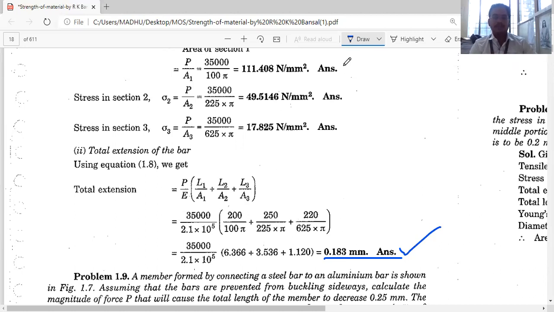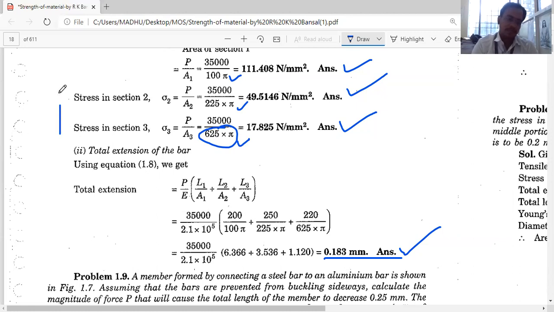And coming to the stresses, one is 111.408, then the other two values. Please make a note: as the cross-sectional area is increasing, see here, in the first case it is 100 pi, here it is 225 pi, then 625 pi. As the cross-sectional area is increasing, the stress is decreasing. On one side the area is increasing, and on the other side the stress value is decreasing.